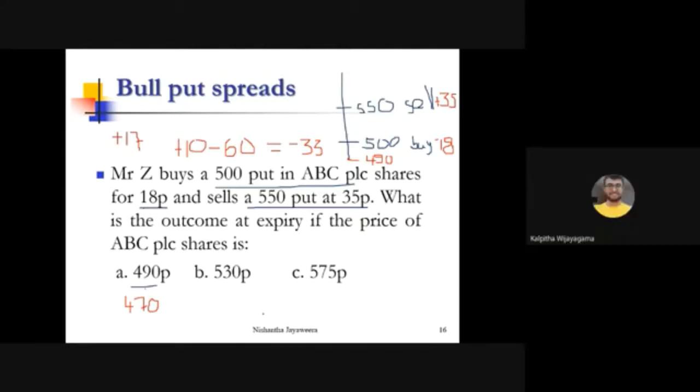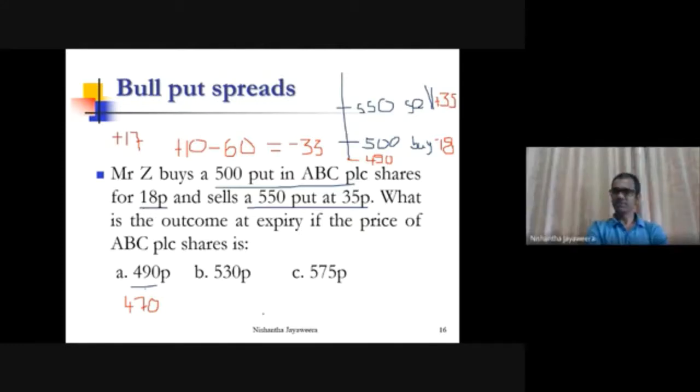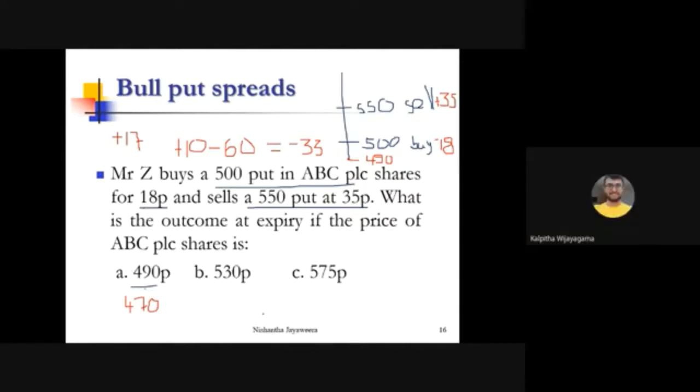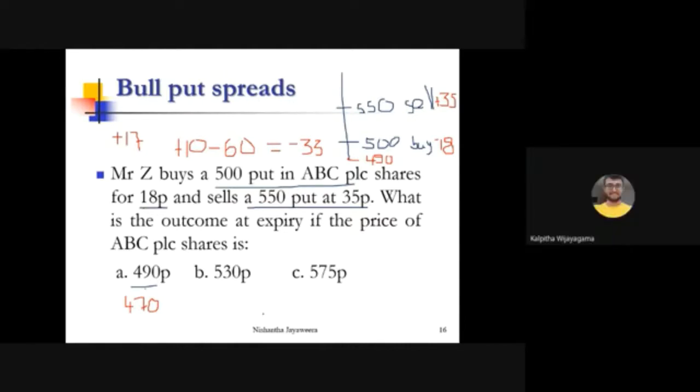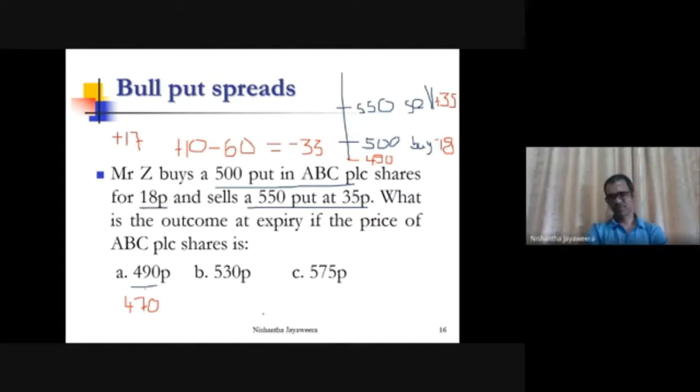Because both of them get exercised, right? So that 20 difference will also go out from your pocket, right?